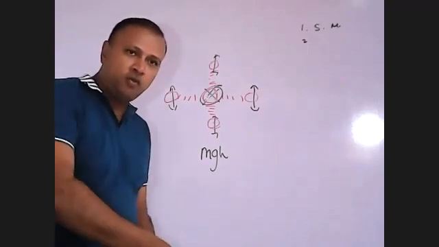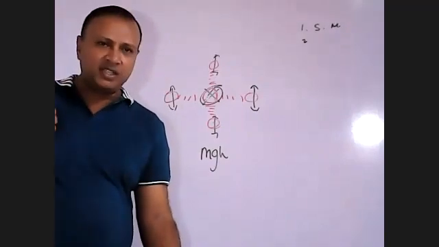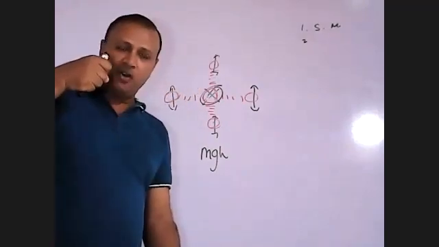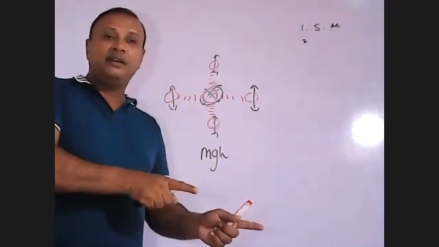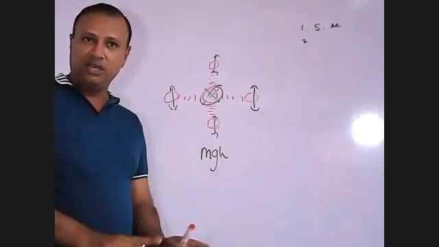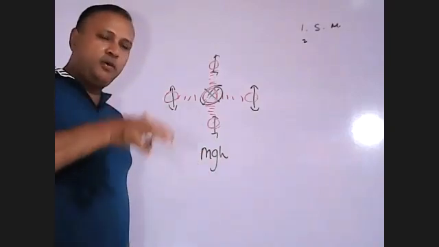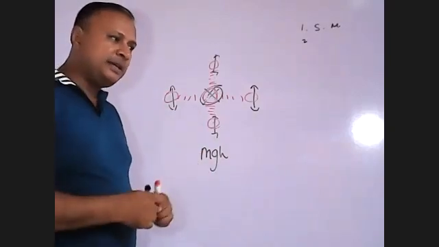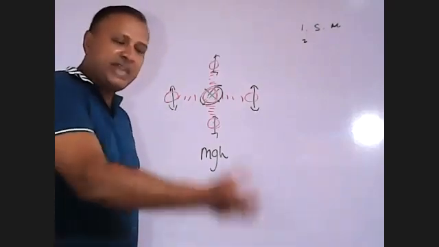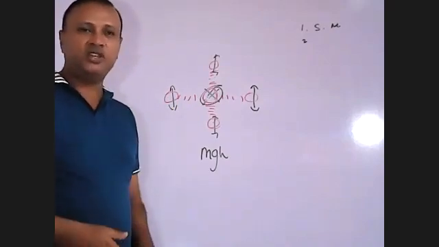If we move a particle against the gravitational attraction force, the required energy is called gravitational potential energy, equal to mgh. If you move a charge, not a particle, against an electric field, it is called electric potential energy.